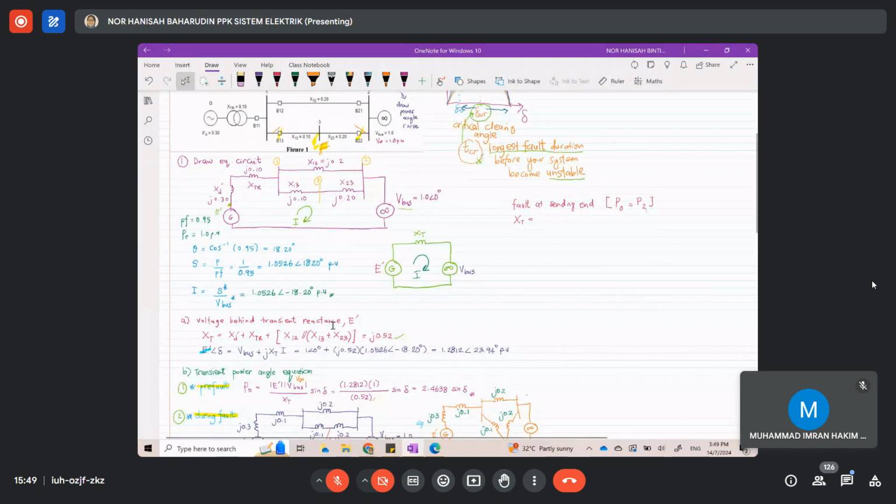So I can straight away use XT equals j0.52. And then how to draw my power angle curve? P0, which is equal to P2. Again, I can use the similar equation here for pre-fault. Okay?